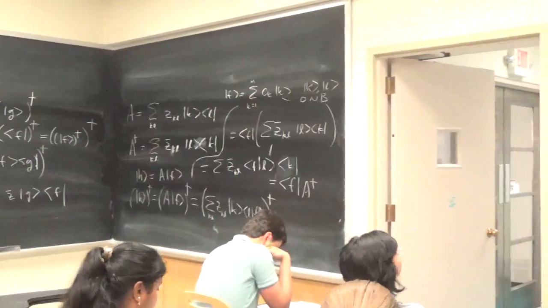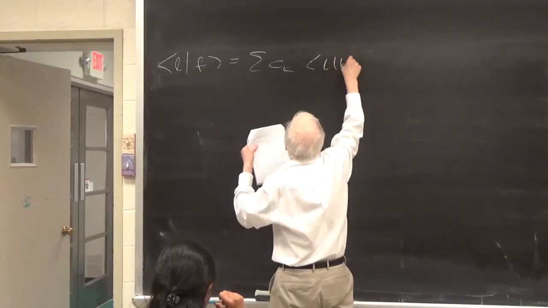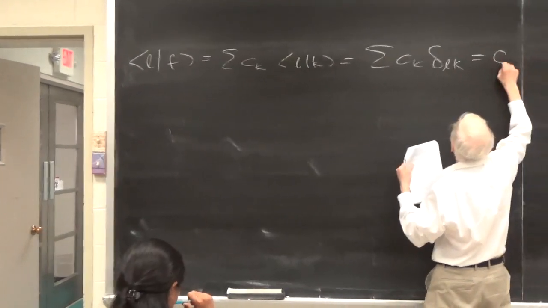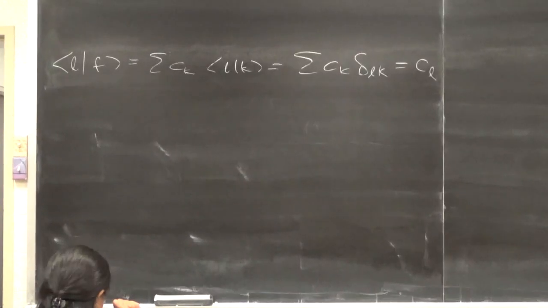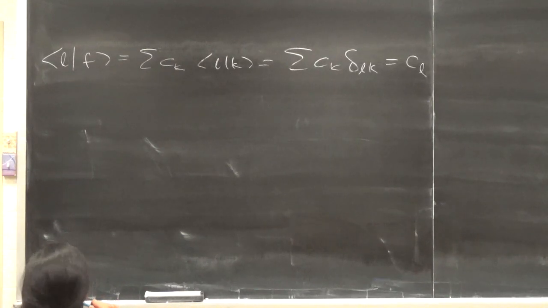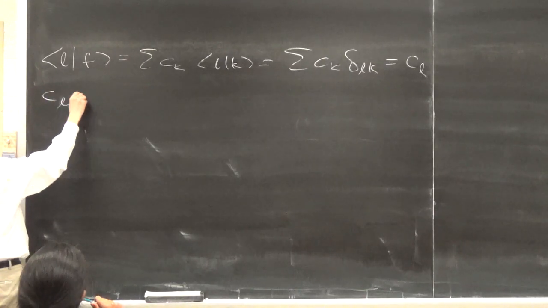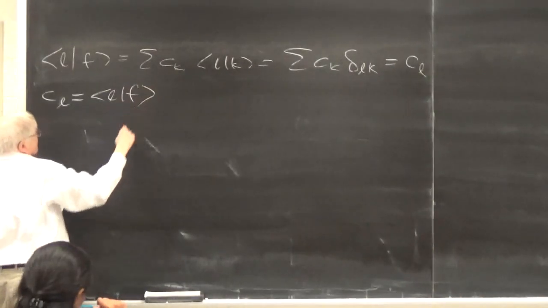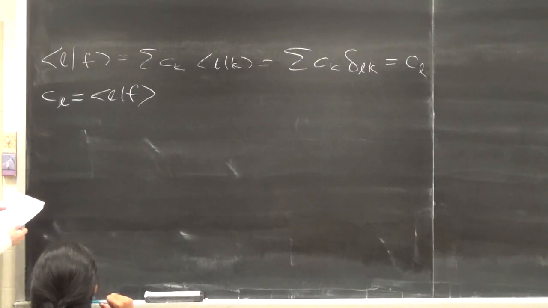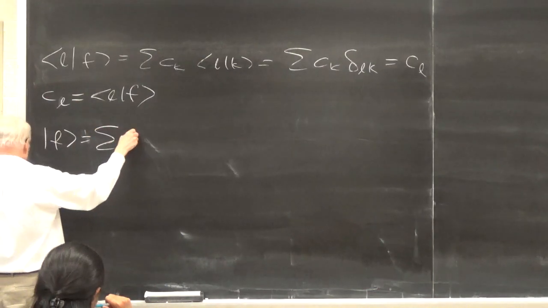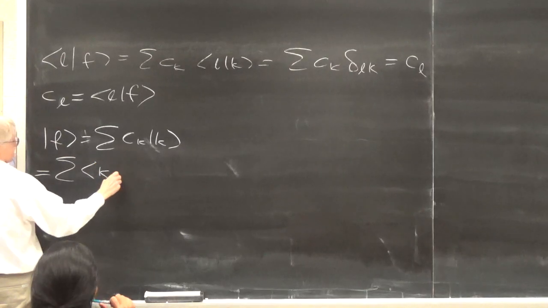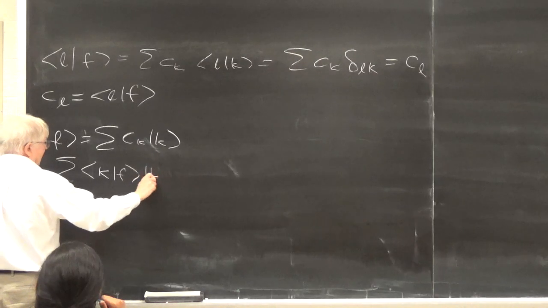So then <L|F> is the sum of C_K <L|K>, and this is the sum of C_K times the Kronecker delta_LK, and so this is C sub L. So in other words, if we expand an arbitrary ket in terms of coefficients and an orthonormal basis, one of the useful things about the basis being orthonormal is that we can immediately identify the coefficients: C_L is the inner product <L|F> of the orthonormal basis vector L with the arbitrary ket F. And so the original expression |F>, which was the sum of C_K |K>, is the sum of <K|F> times |K>.